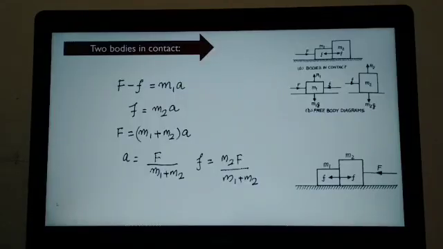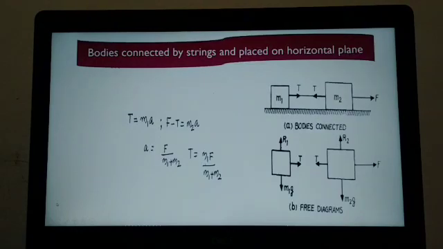Okay, now we can go for the second case, which is two bodies connected by strings and placed on a horizontal plane. You can see the first diagram: m1 and m2 are connected by a string, and a force pulls from the side of m2 towards the right direction.